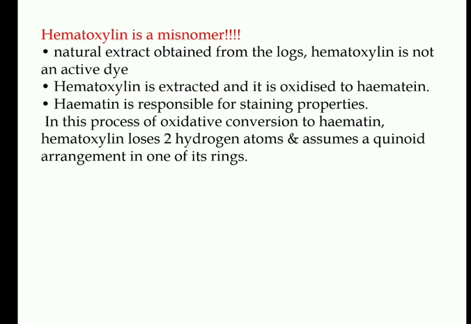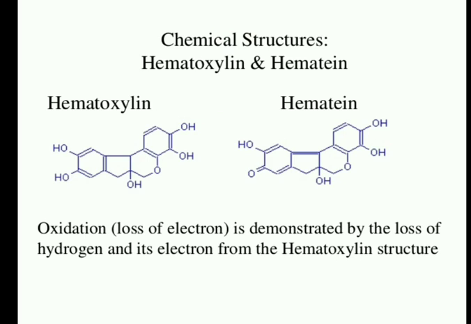In the process of oxidative conversion to hematin, hematoxylin loses two hydrogen atoms and assumes a quinoid arrangement in one of its rings. This is the structure of hematoxylin. After losing two hydrogens, it forms hematin.